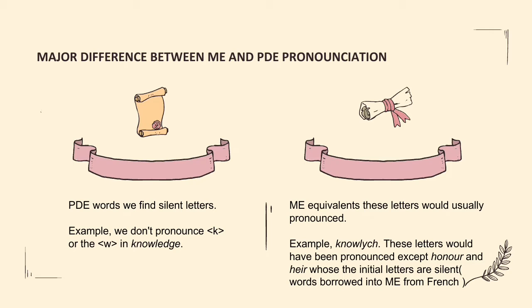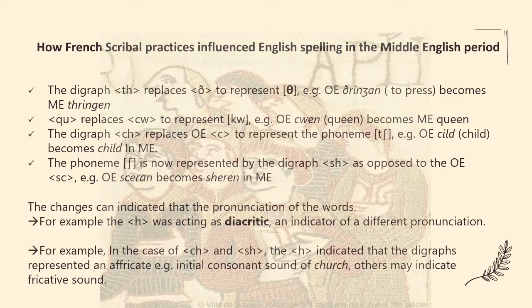The next point is how French scribal practice influenced English spelling in Middle English. The digraph th replaced the letters thorn or eth to represent voiceless or voiced th. The next is qu replacing cw to represent the sound kw.